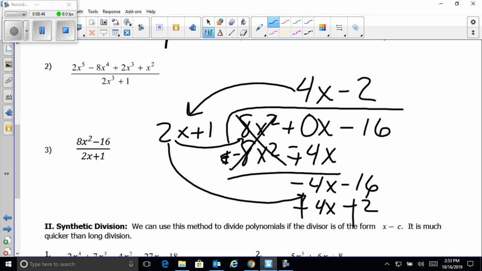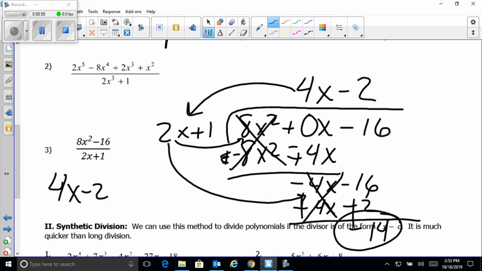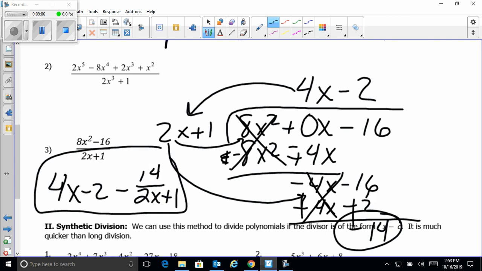That become a plus. And when I do that, those cancel, and I'll get the negative 14. And that's the remainder, because I can't divide into that one. My answer is 4x minus 2 minus 14 over 2x plus 1. Also not a factor.